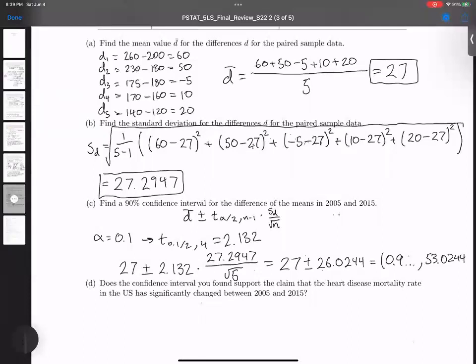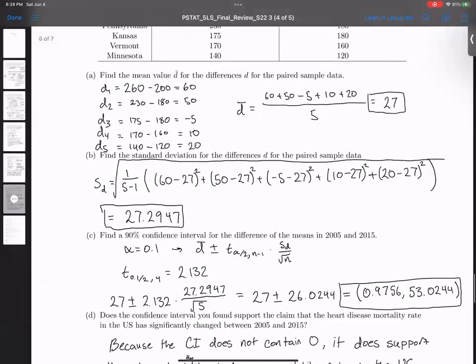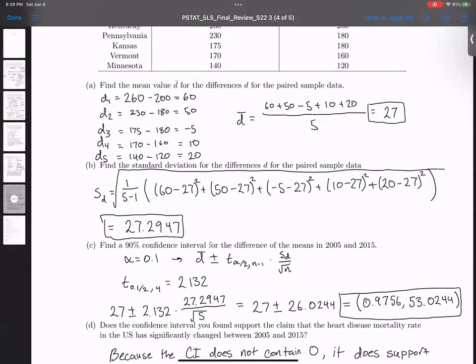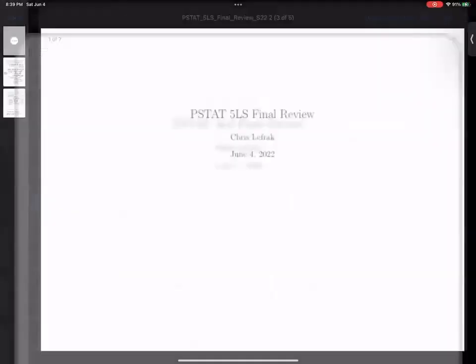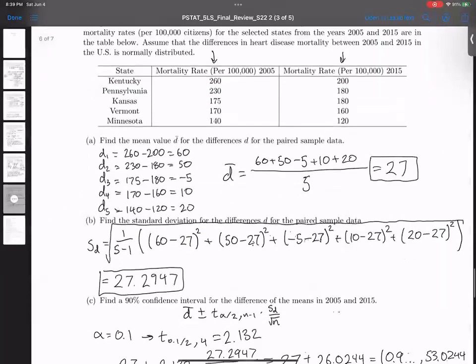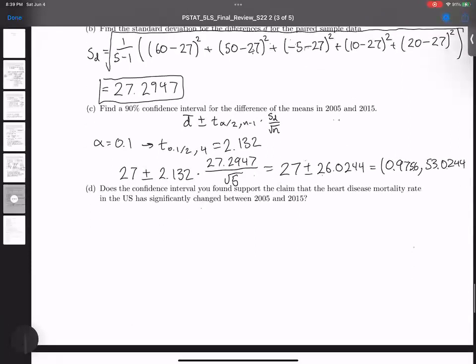Actually, I do feel like I need this number, so let's look one more time for the interpretation. 9756. And I actually didn't even need that number, now that I realize. Oh well.